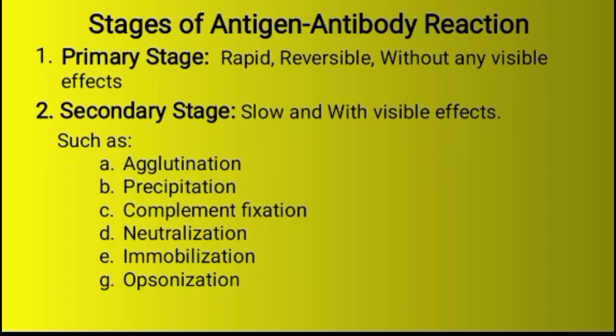Now, stages of antigen-antibody reaction. The stages can be rapid, reversible, or without any visible effect. That means it is so negligible that you cannot even notice the reaction. At the primary stage, if the valency is the same, it will be rapid.